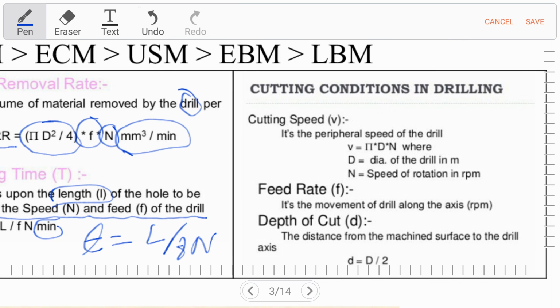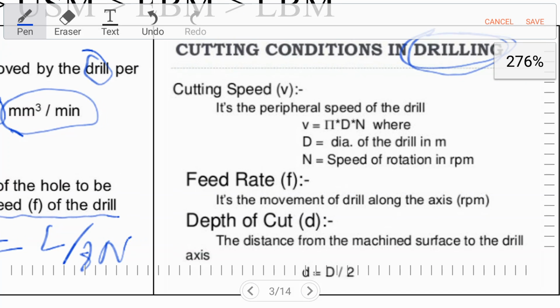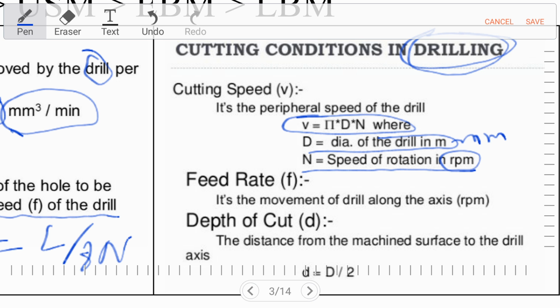Another equation is the cutting condition in drilling. We have discussed drilling right now. The cutting speed V is equal to pi into D into N, where D is the diameter of the drill in mm and N is the speed of rotation in RPM.